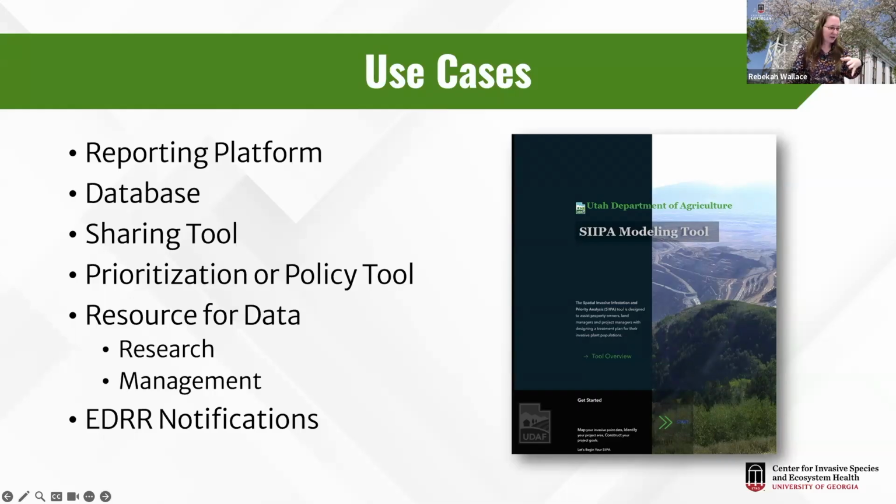In some cases, there are programs that have funding, and that funding stipulates that the data has to be shared. So we are a platform they can share their data through, and that also makes the data available so that anytime someone wants to query or download that data, they can point to EDDMapS and say, here's where you can find our data.